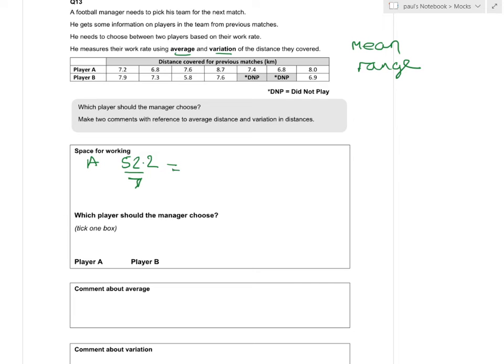Yeah, divide by 7 equals 7.5. So his average is 7.5.